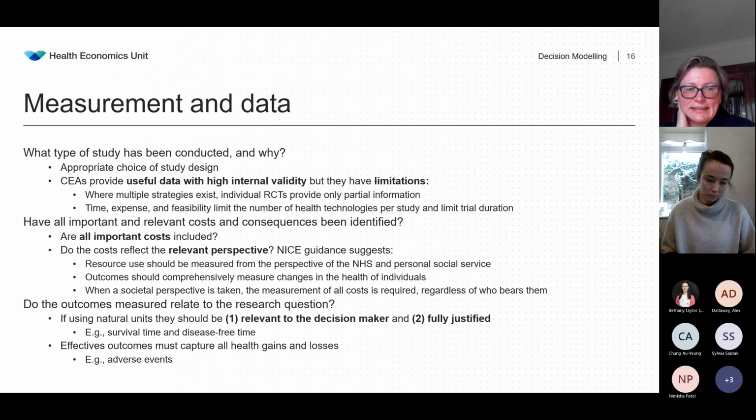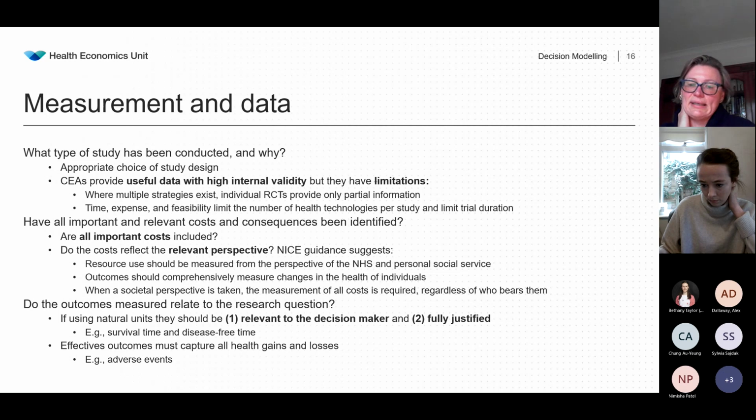Another point to consider is whether all costs and consequences have been identified, and that's tied into the perspective. We may look at just an NHS perspective, but then we may think of a broader perspective.